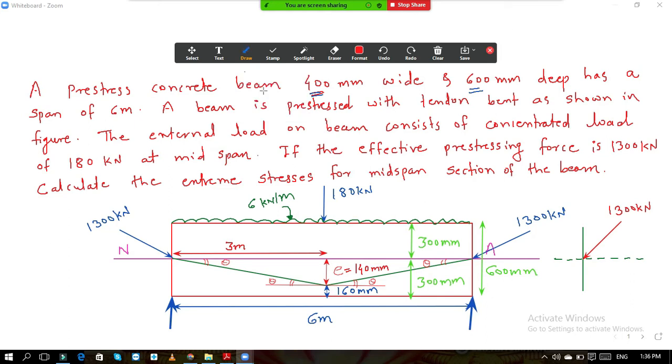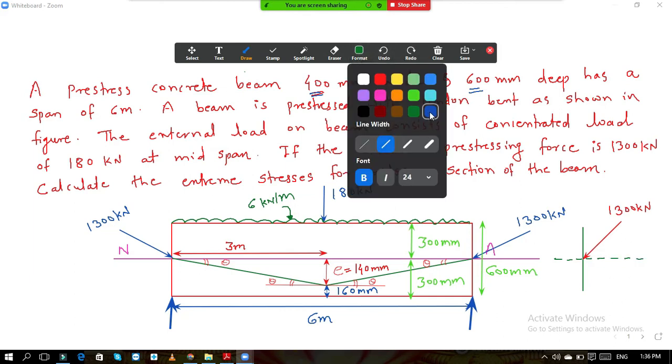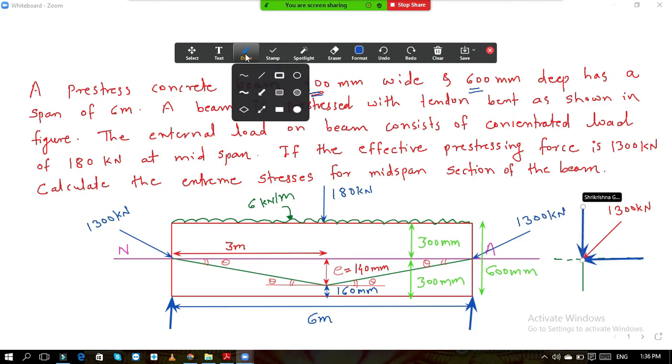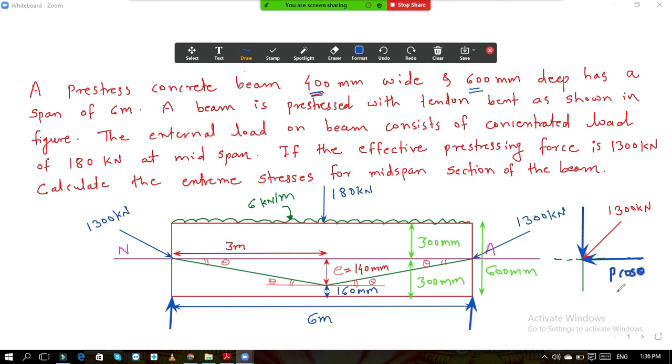If you resolve this load, you will get two components, one horizontal and another vertical. The horizontal component is P cos theta, so it is 1300 into cos of theta, and the vertical is 1300 sine of theta.